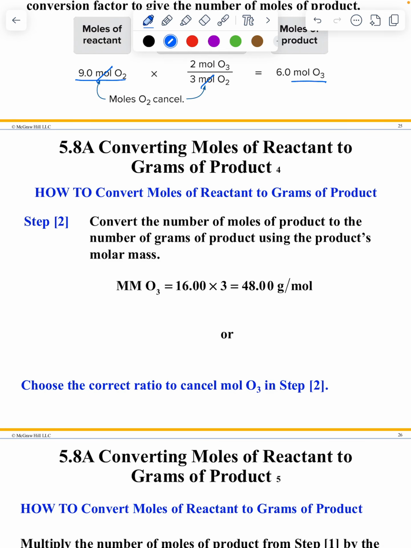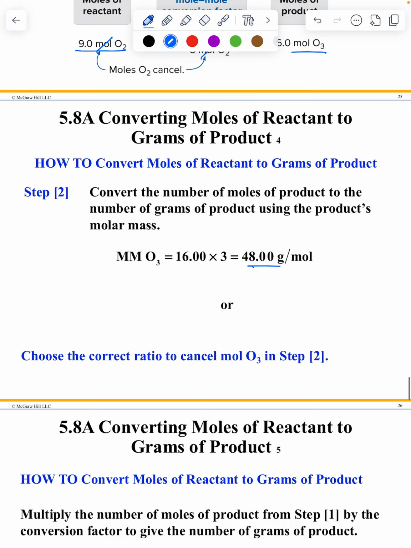So we can use this as our conversion factor, 1 mole over 48 grams, or we could do 48 grams over 1 mole. We want to choose the conversion factor that allows us to cancel moles of O3, so we would want the one that has mole of O3 on the bottom.